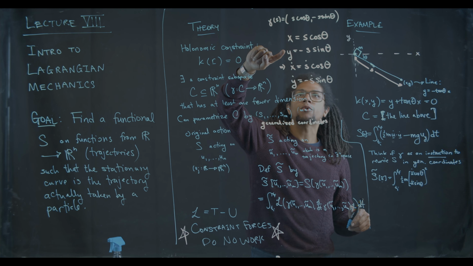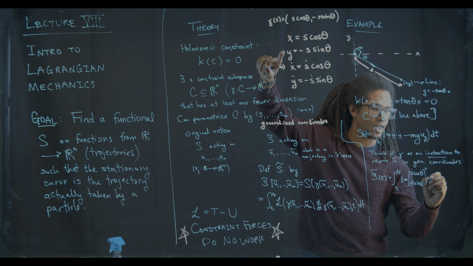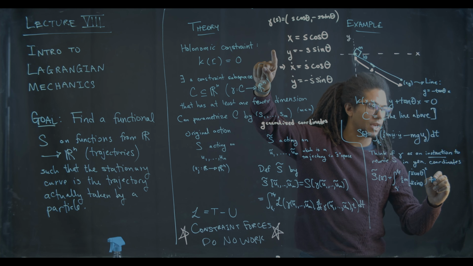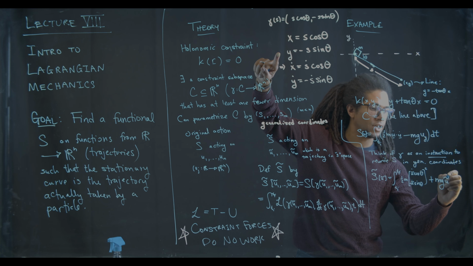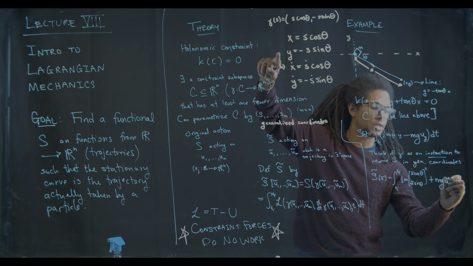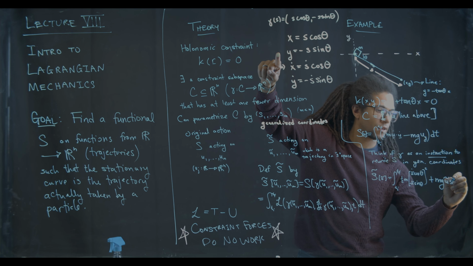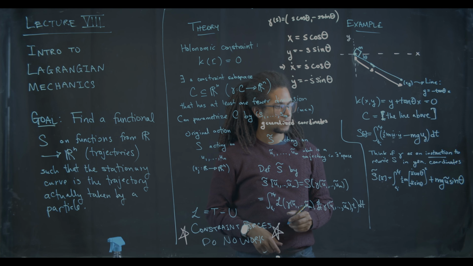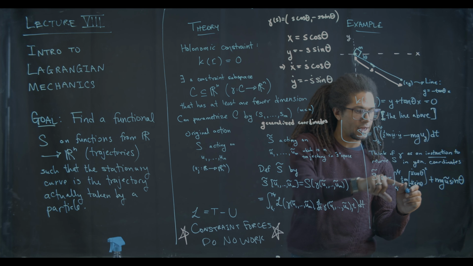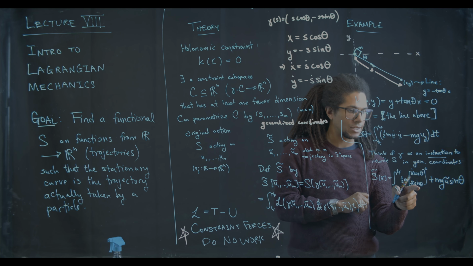Uy is going to get replaced by, so I'll have a plus because of this minus sign, mg stays the same, and then u tilde sine theta. Great. Okay, let's write this out by squaring this first term and then adding it to this second term.